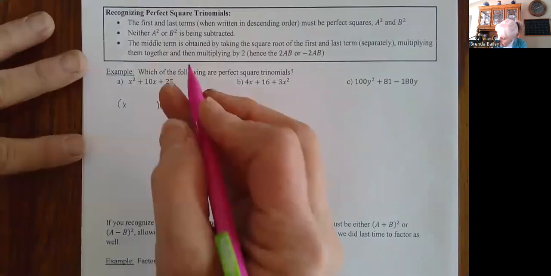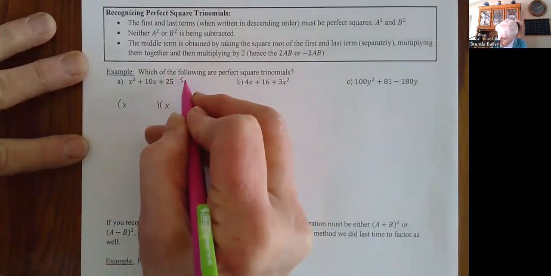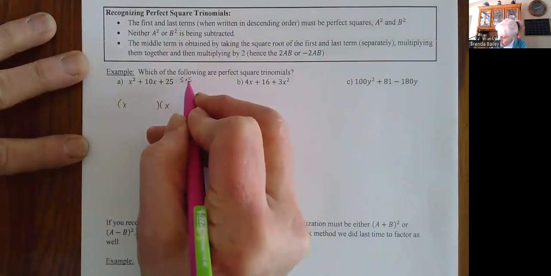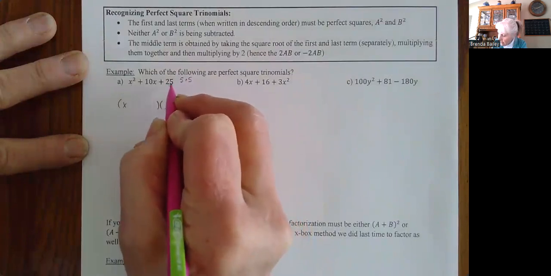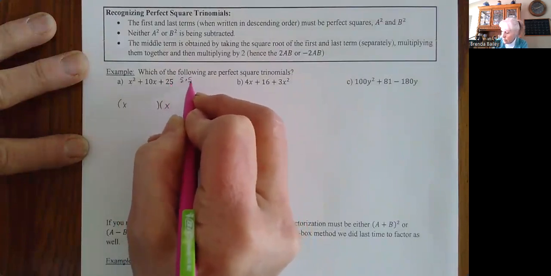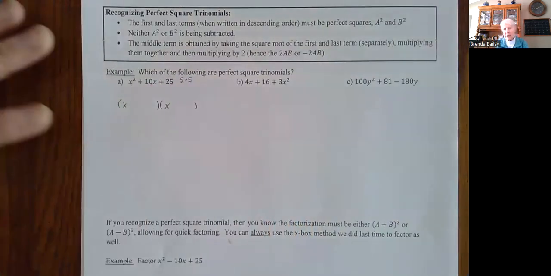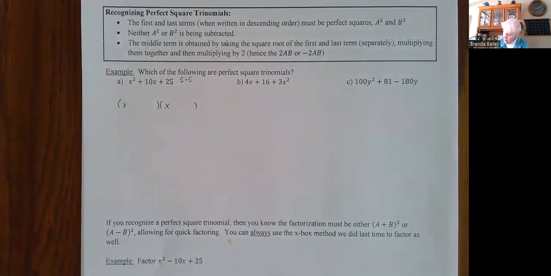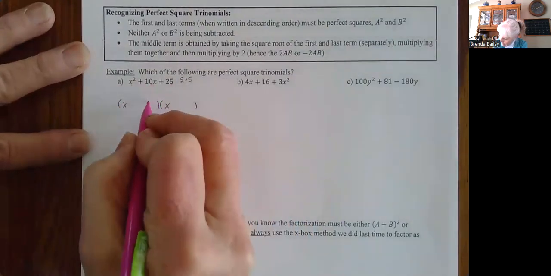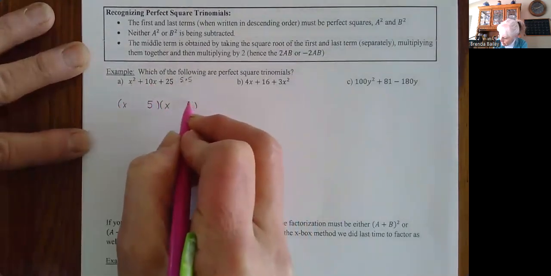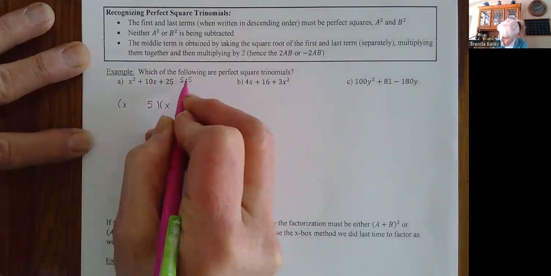And again, 5 times 5 gives you 25, and it just so happens that when you add them together, you do get 10. So this will work.